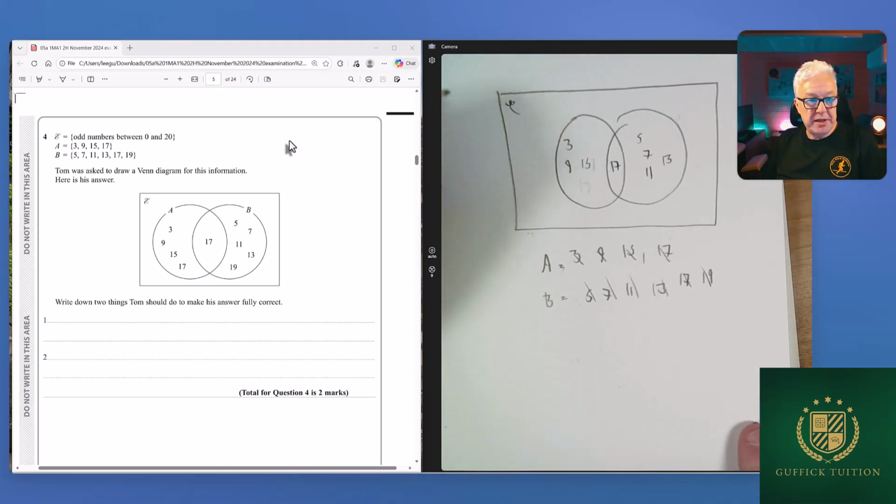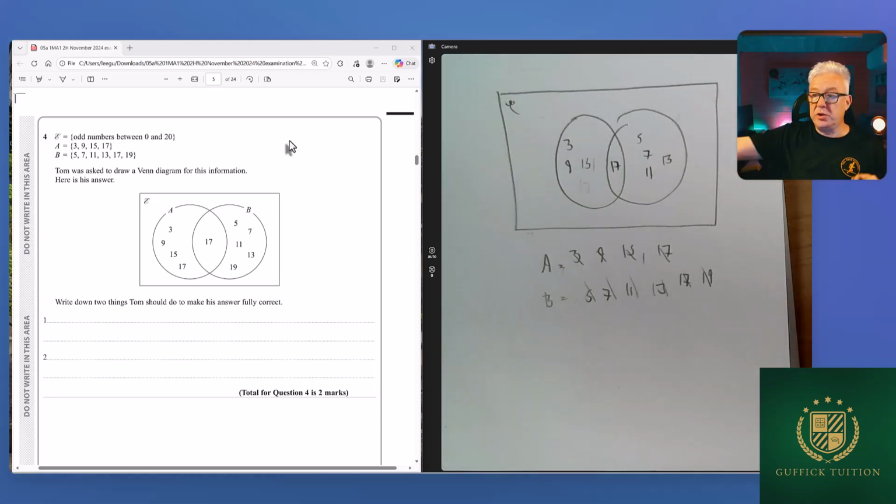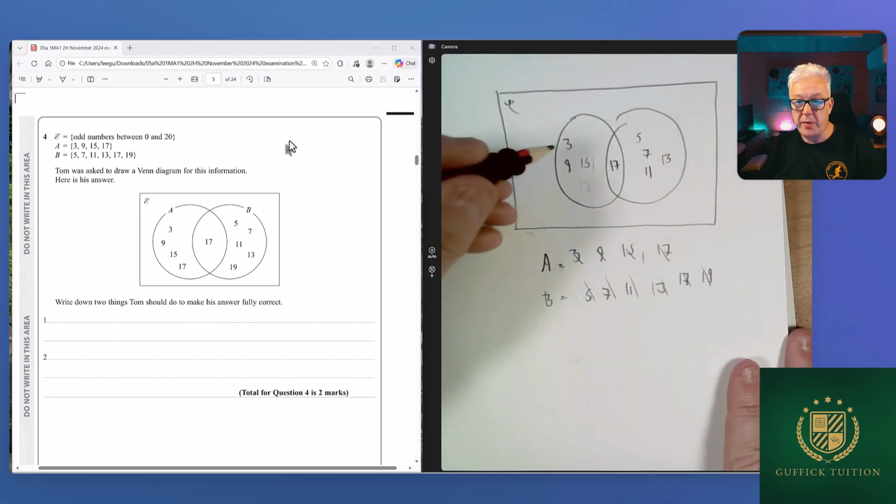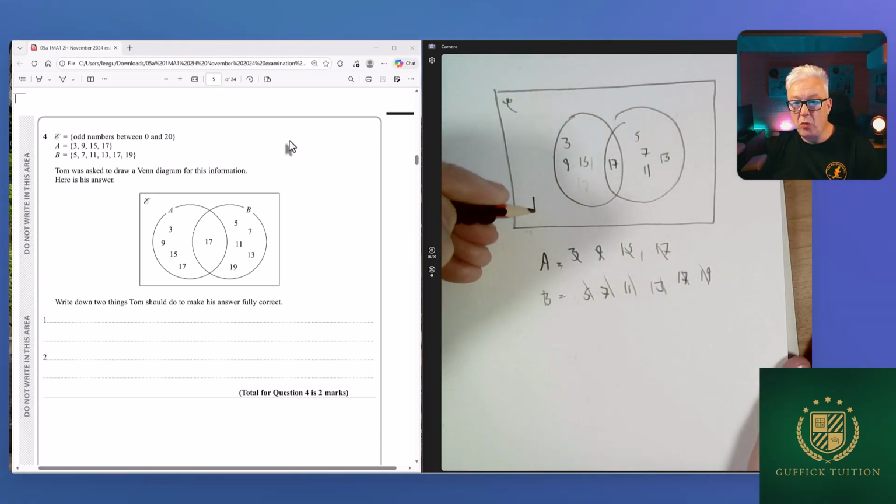Now let's have a look. We've also got the fact that we have odd numbers between 0 and 20. On the outside, we need any odd number that we haven't got, and we're missing 1.